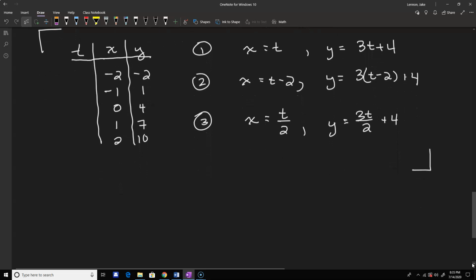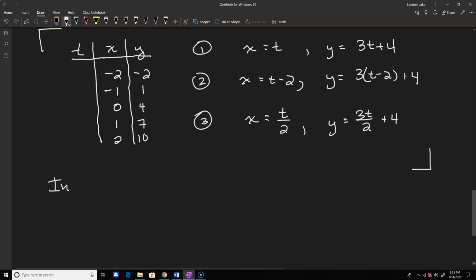In general, we can do this for all parametric equations of lines, so that if you're looking at a parameterization, you can recognize a line.